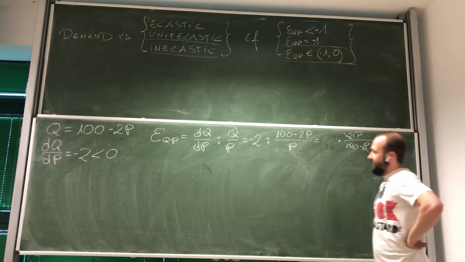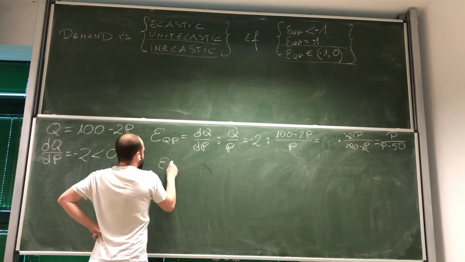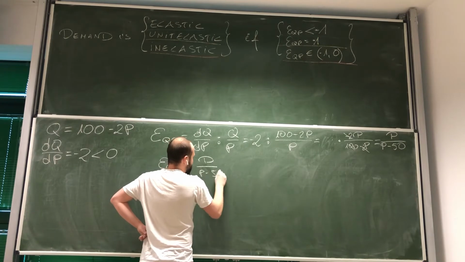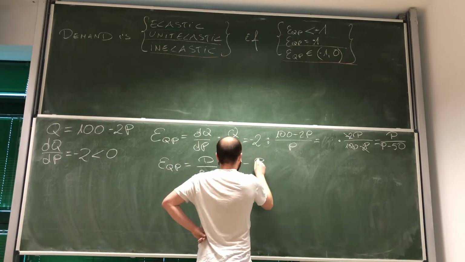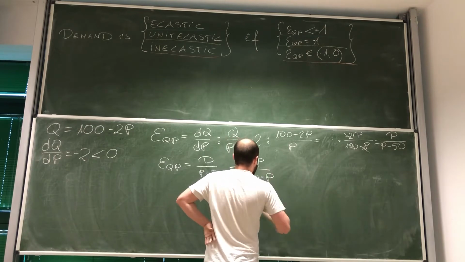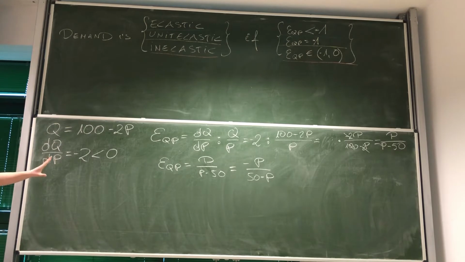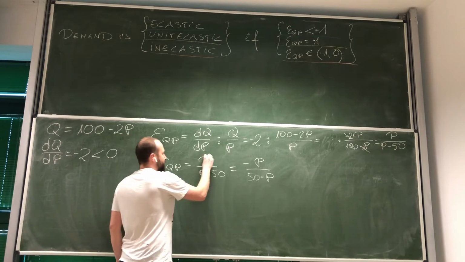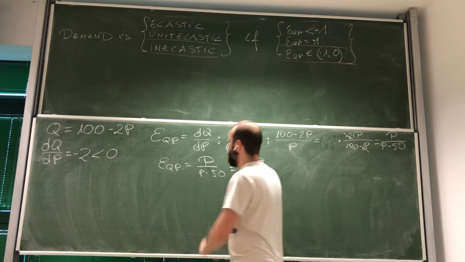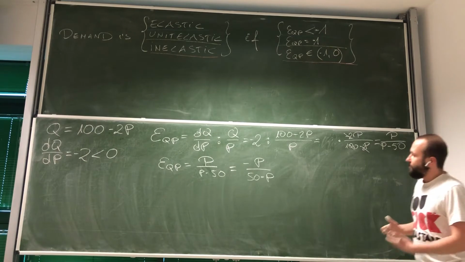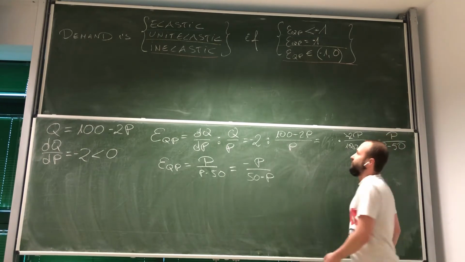Why? Because this expression that we've got now, so this is P over P minus 50, or negative P over 50 minus P, is definitely showing us the elasticity of this demand curve at any point.